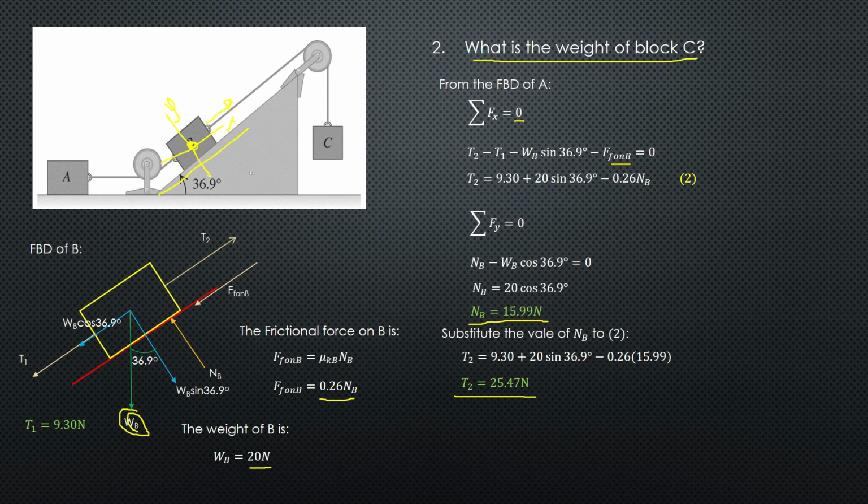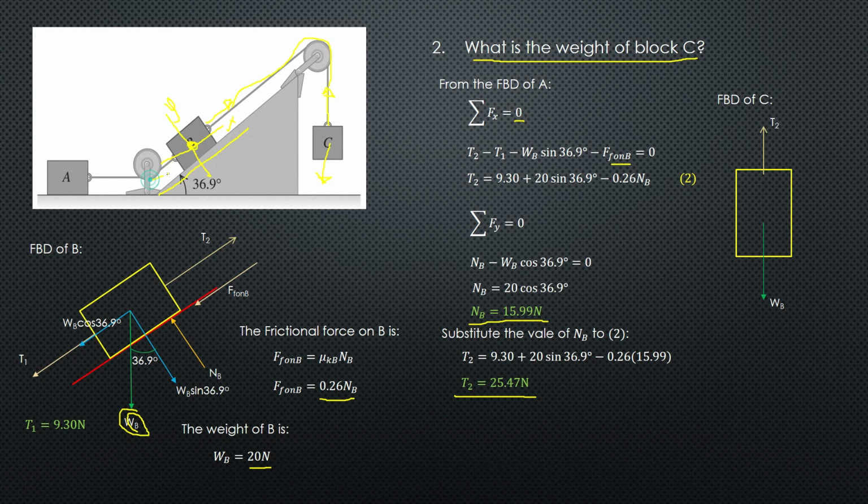Okay, now let us consider block C. FBD of block C will give you this one. Okay, so block C, the tension of this rope and its weight. So those are the components. So tension of the rope is T2 because it is connected to block B. That's why this is equal to T2. Same goes with this one.